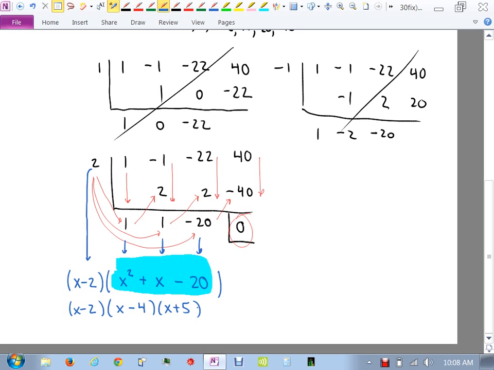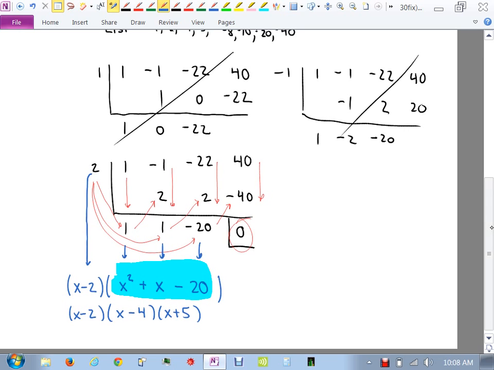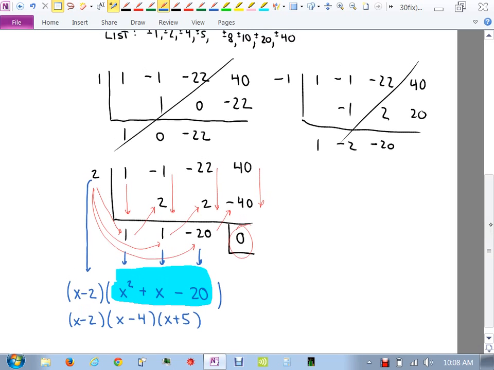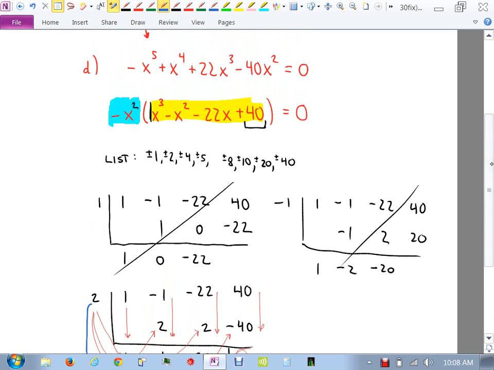Now I need to go back up, to where I was when I went to synthetic division, way up here in red. And so I had this blue part. So I'm going to squeeze it right underneath this. It was negative x squared, but then everything here broke down to be x minus 2, x minus 4, x plus 5 equals 0, right?